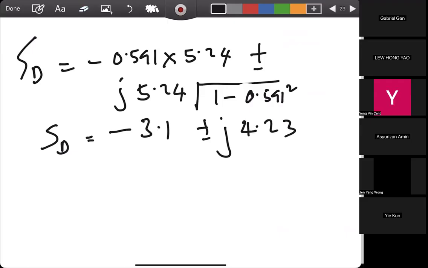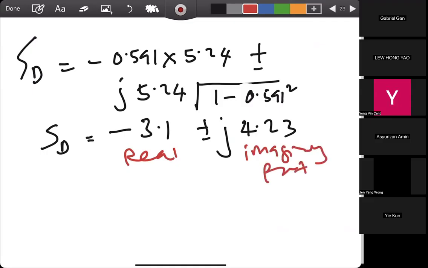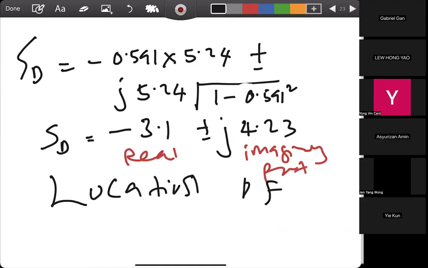Okay, so this one is the real part, this one is the imaginary part. So this is the location of the dominant pole.